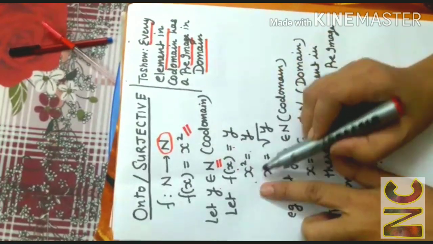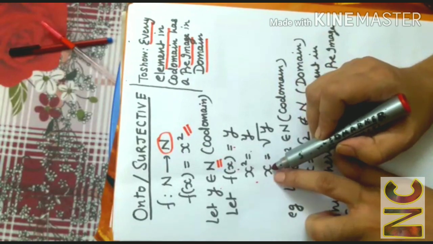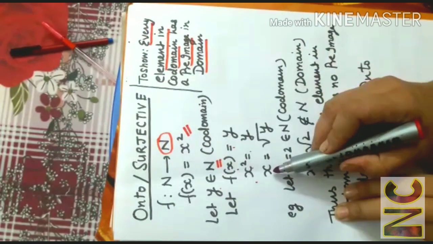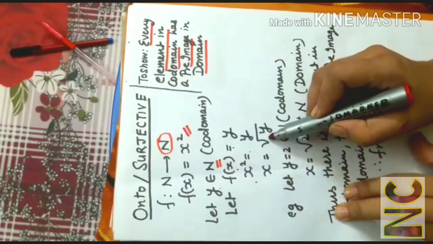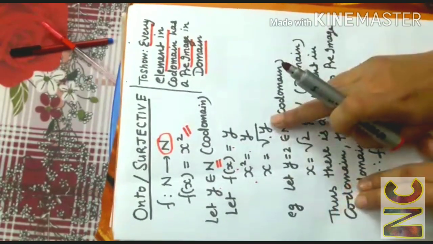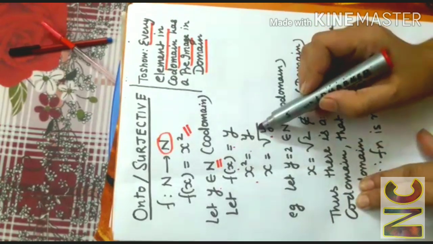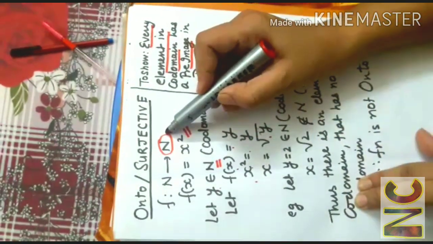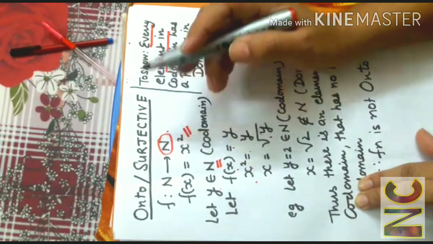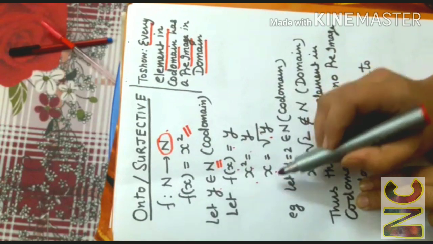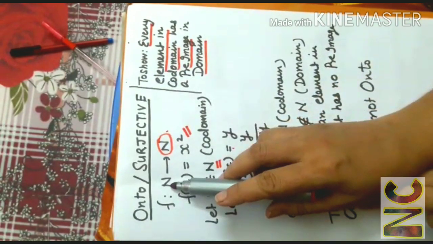At this stage, I will express x in terms of y. So I'll get x is equal to root y. Now I have to check that whatever y I take in the codomain, will this x always belong to the domain?